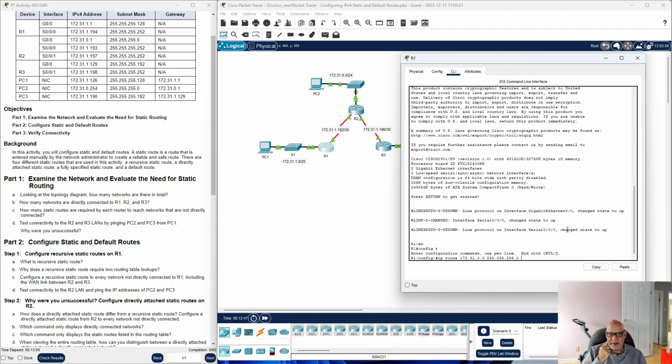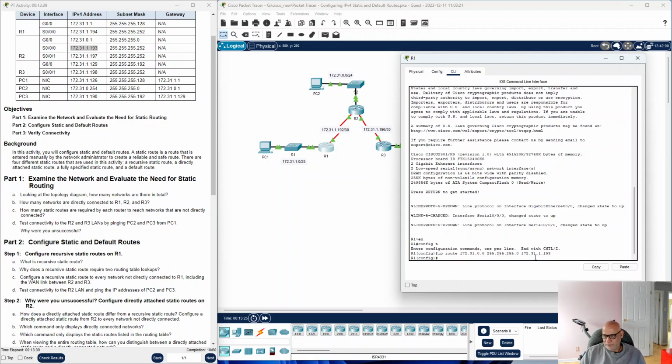So the next hop IP address is 172.31.1.93. Sorry, 172.31.1.193, and that's it. So we configured the first network.